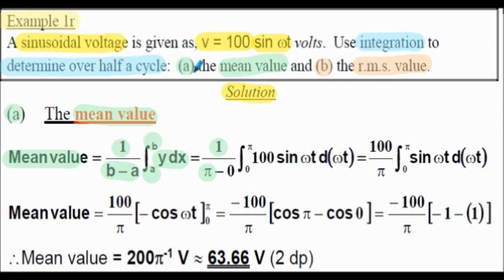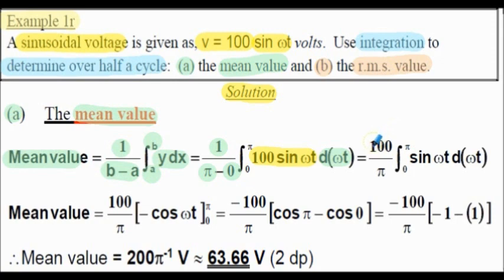The full cycle for the sinusoidal waveform would be between 0 and 2 pi radians, but for half the cycle, that's between 0 and pi radians. So here's our y function, and that's multiplied by d omega t. In other words, we're integrating with respect to omega t in this case.